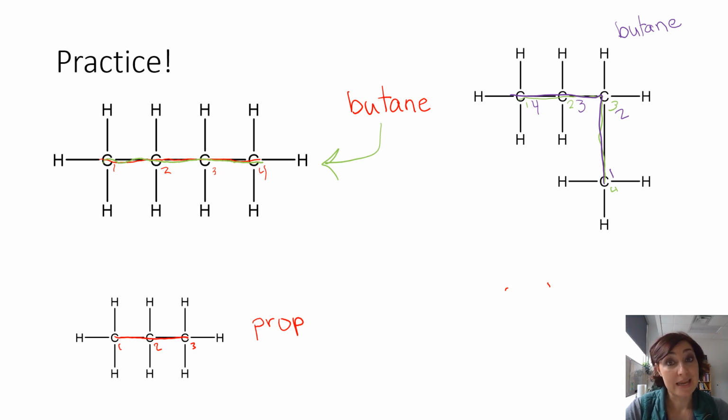So it's either alkane, alkene, or alkyne, but they're all single bonds between the carbons. So therefore, this is an alkane, and we end the word with ane. So notice that the prefix tells us how many carbons, and the suffix, or the end of that, is going to tell us what family it belongs to. So this is propane.